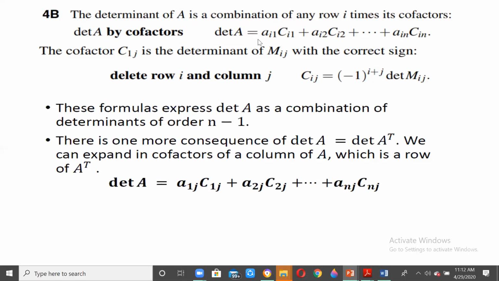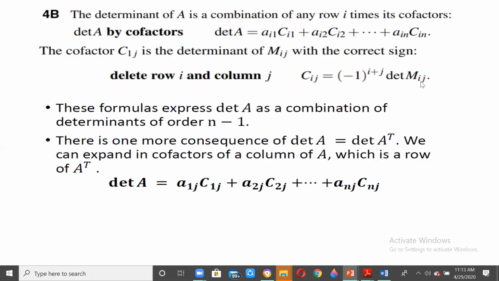So this is the way to compute the determinant of A using the cofactors. So the cofactor Cij is the determinant of the submatrix Mij with the correct sign, whose formula can be written like this: minus 1 to the power I plus j, determinant Mij. So that's what I said.